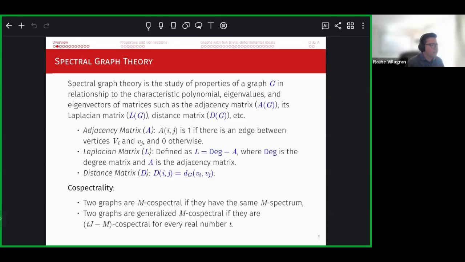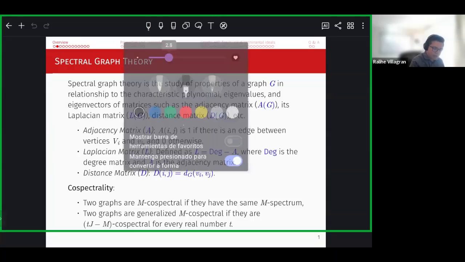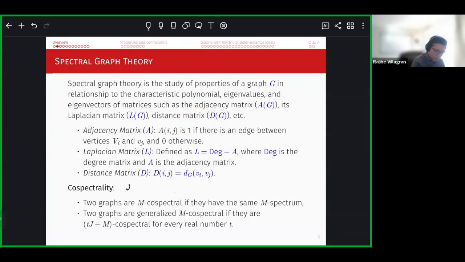We say two graphs are M-cospectral for any of these matrices if they have the same spectrum, and two graphs are generalized M-cospectral if they are cospectral for this particular matrix, where J is the all ones matrix, for every real value phi.